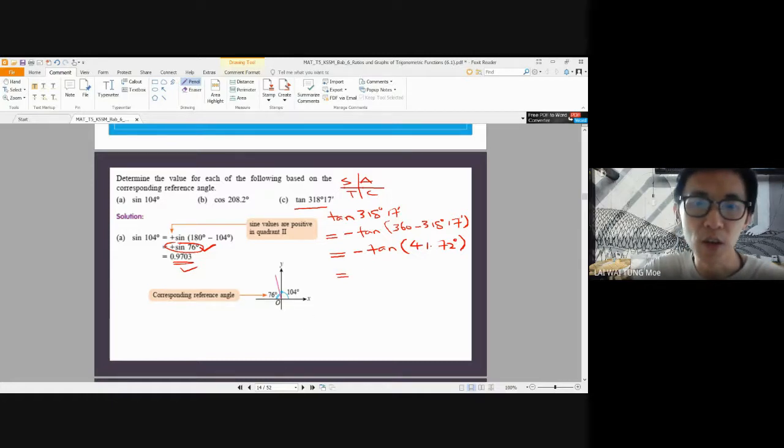Finally, you just press from your calculator negative tangent 41.72. What is the value? Everyone can try. The answer should be negative 0.8916.